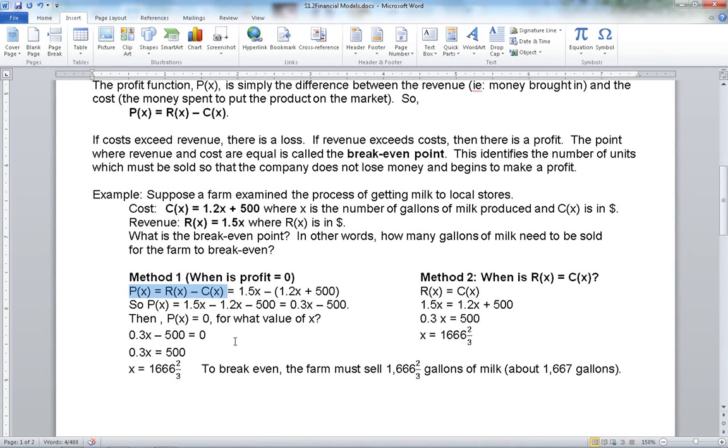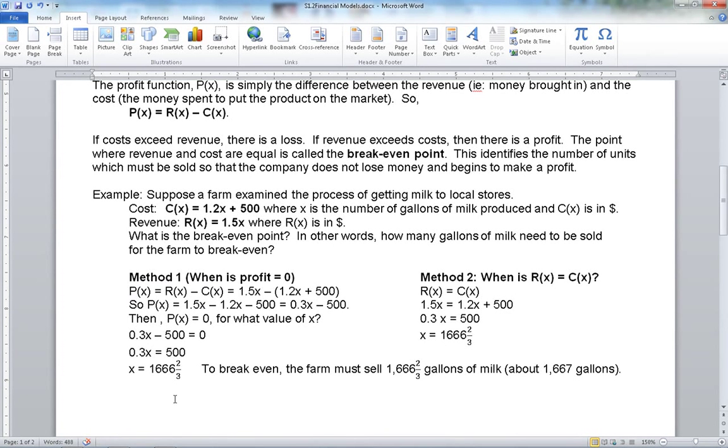Okay, and we want to solve that for x. So divide through by 3/10. So 500 over 0.3 will produce 1,666 2/3. So to break even, the farm must sell 1,666 2/3 gallons of milk, or about 1,667.